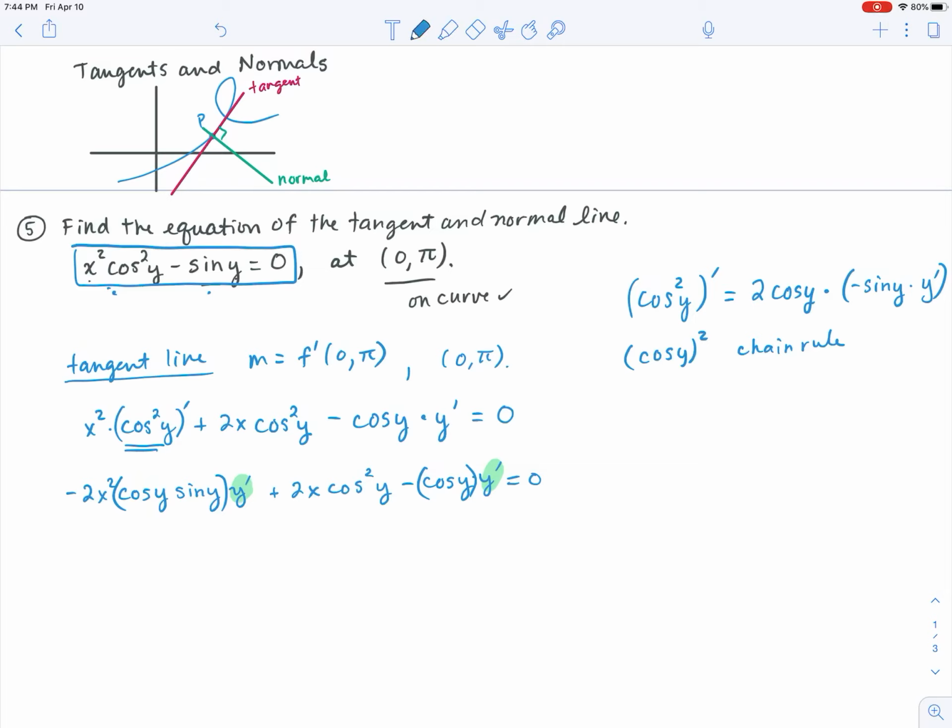So if we solve for y prime, we're going to get negative 2x cosine squared y over negative 2x squared cosine y sine y minus cosine y.